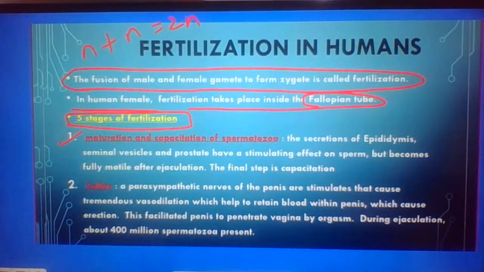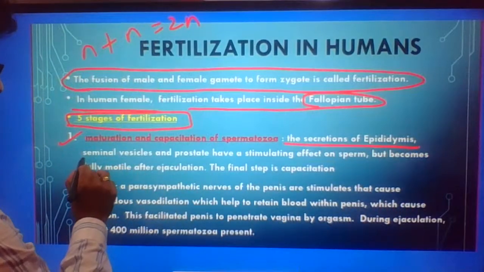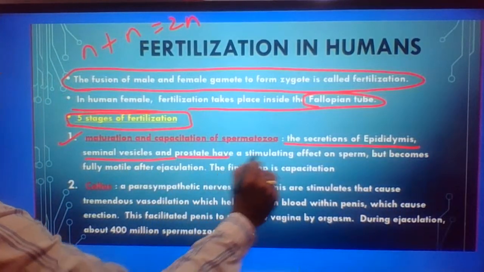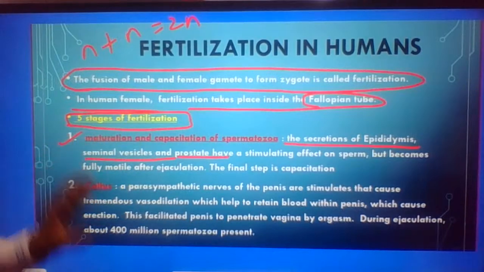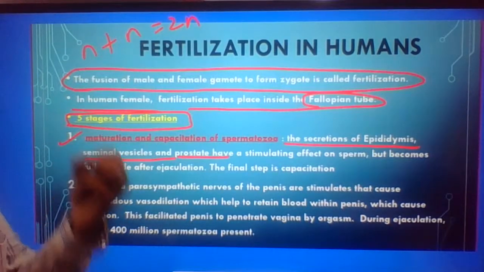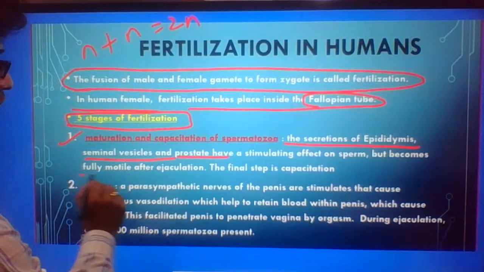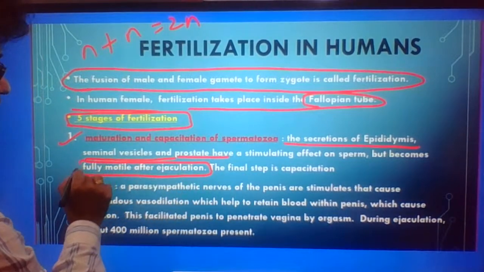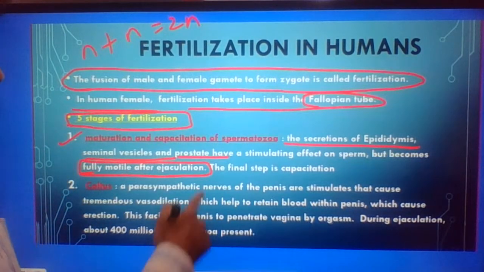Maturation and capacitation of the spermatozoa. Here the secretions of the epididymis, seminal vesicle and the prostate have a stimulating effect on the sperm. This we already told you. The secretions in the seminal plasma give better nourishment and enhance the motility of the sperm, but it becomes fully motile only after ejaculation. It doesn't mean the sperms in the epididymis are not motile, they are motile, but the complete action comes only after ejaculation.